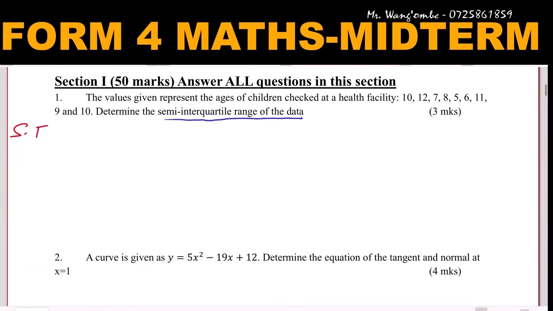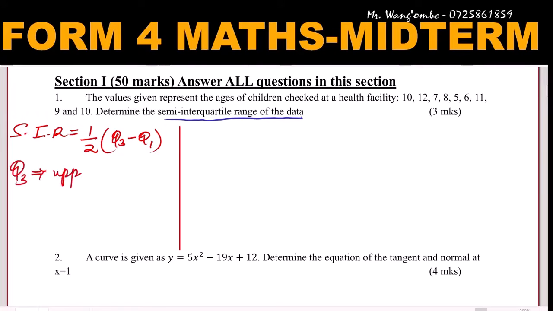The semi-interquartile range is obtained by getting half of the difference of Q3 and Q1, where Q3 represents the upper quartile and Q1 is the lower quartile. So how do we get Q1 and Q3?